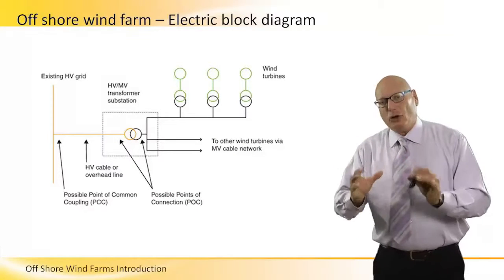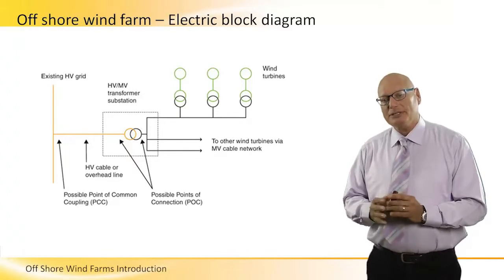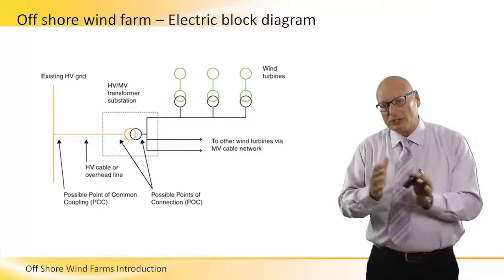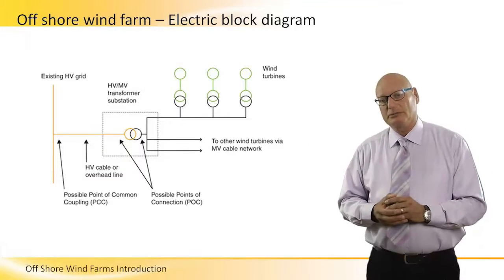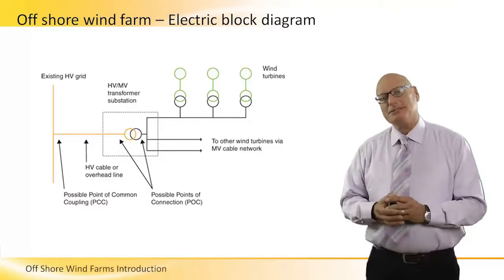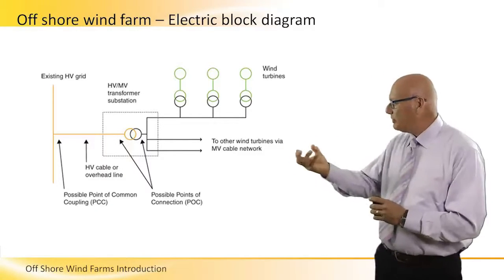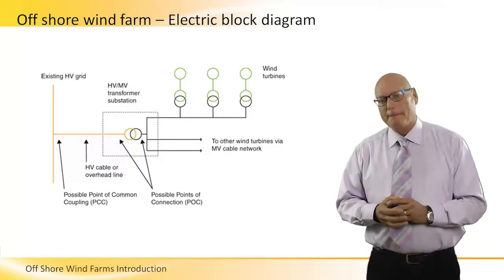And again, in a top level electric block diagram, we can see several sections. Number one, on the right hand side, is the wind turbines. They are all connected into a mutual bus, and this transmission line goes to a set of transformers.